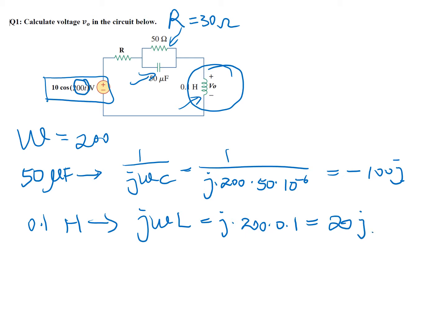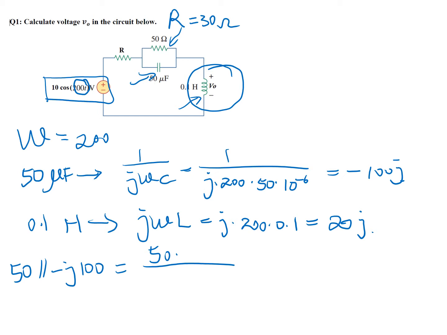We can combine the 50 ohm resistor and the capacitor. That's 50 ohm in parallel with negative 100j ohm. Multiplication at the top and the sum at the bottom.